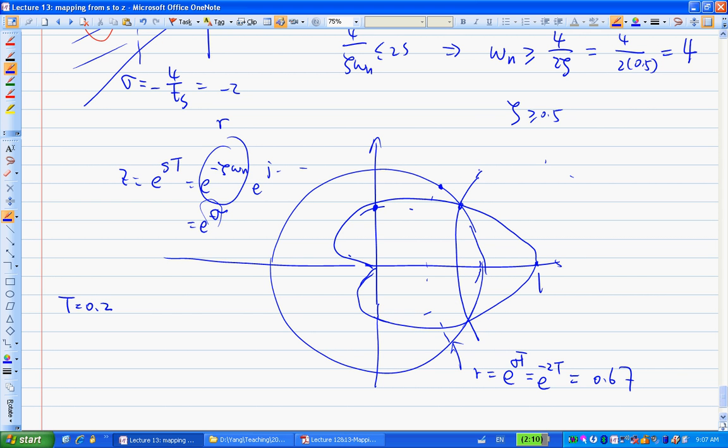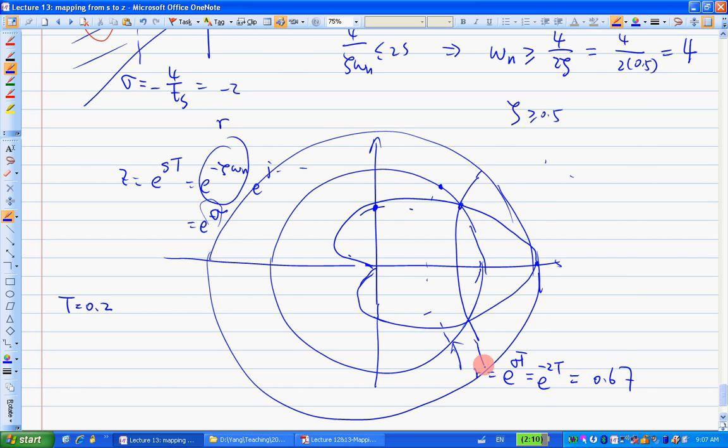And your unit circle is here, and this is 0.8. So I'll explain what MATLAB does here.